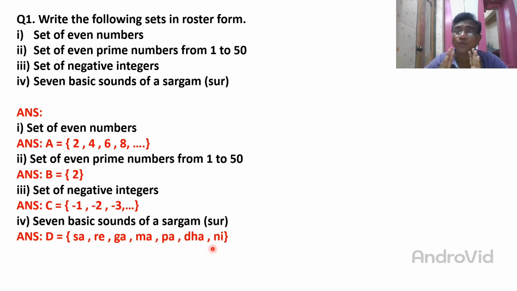Okay, so these are the sounds: sa, re, ga, ma, pa, dha, ni. Do you understand? How many? Count how many: 1, 2, 3, 4, 5, 6 and 7 sounds. Okay, here also we write 7 basic sounds. Do you understand? This is called the listing method. It is the listing method, my students.